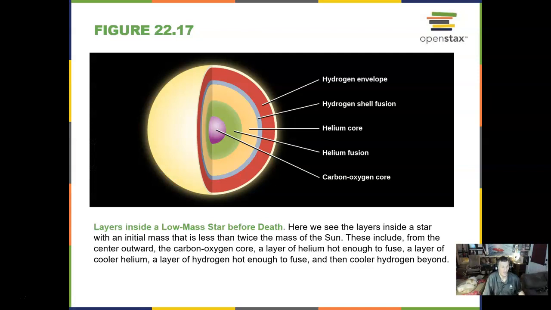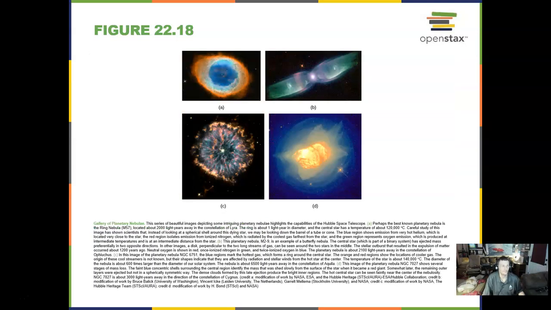A low mass star, which we can think of as the Sun, has these shells in it: a hydrogen envelope, hydrogen shell fusion, helium core, helium fusion, and even beyond that, a carbon-oxygen core. More beautiful planetary nebulae.